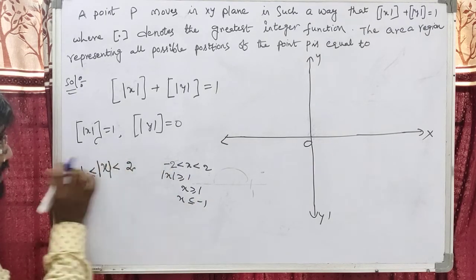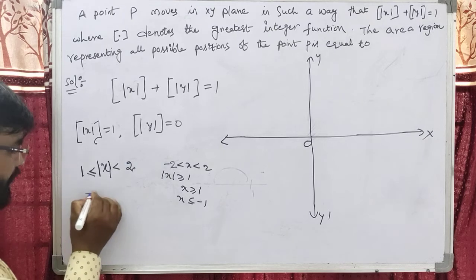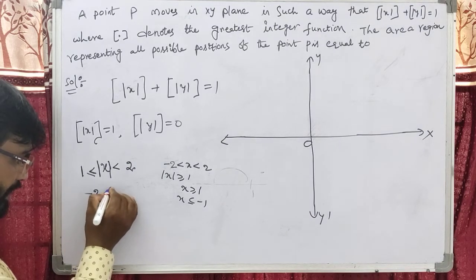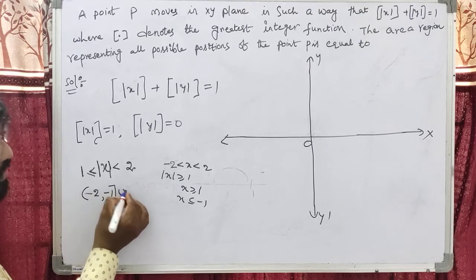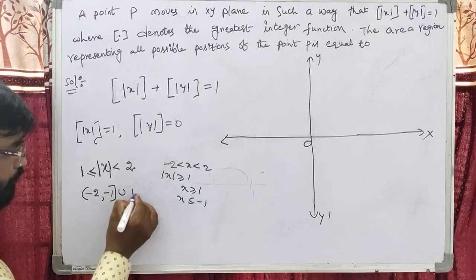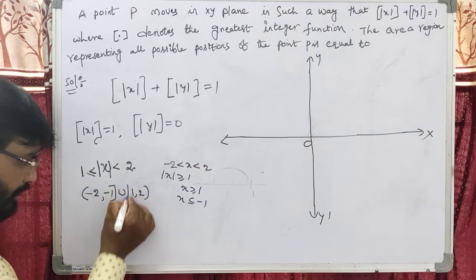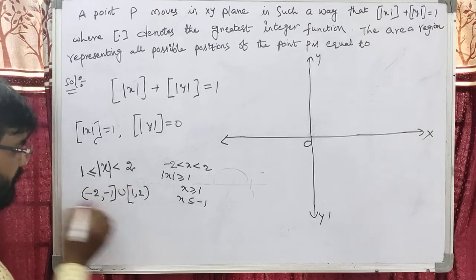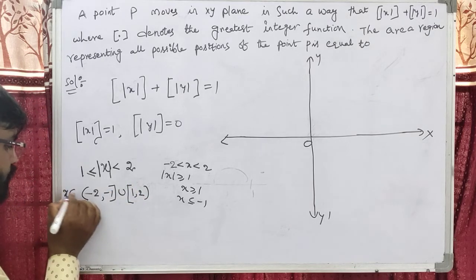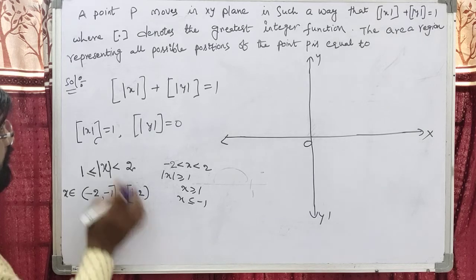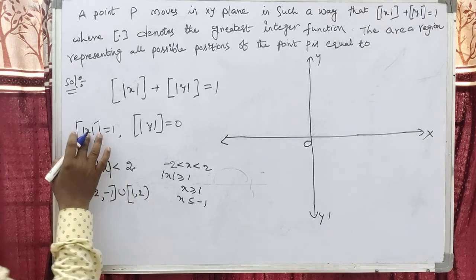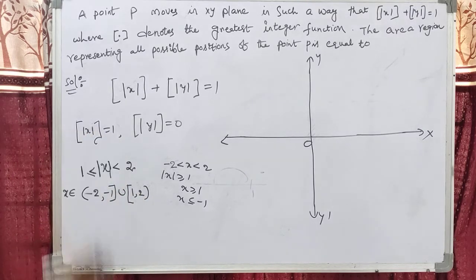That's why you can write it that way, students: minus 2 closed, minus 1 open, union 1 to 2. Because when we take here, you can just check it. Dear students, just verify that x belongs to 1.5; |1.5| is 1.5, whose step is 1.